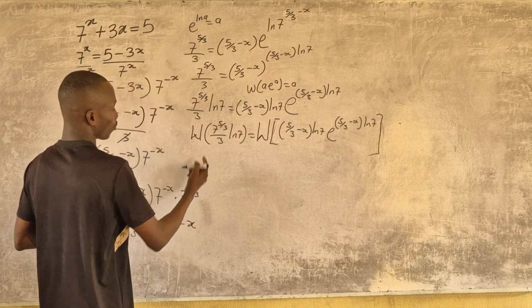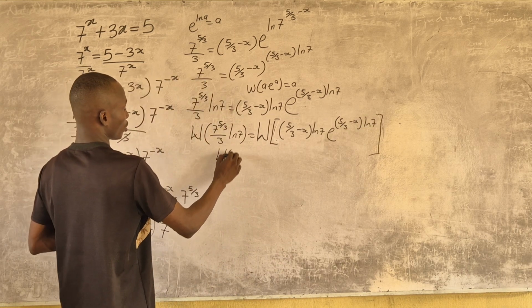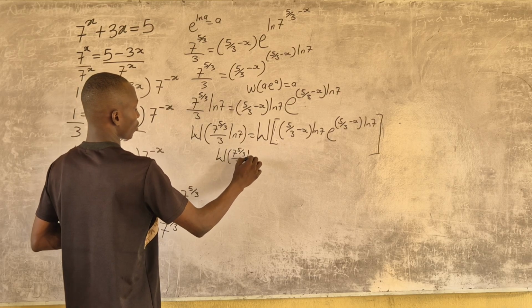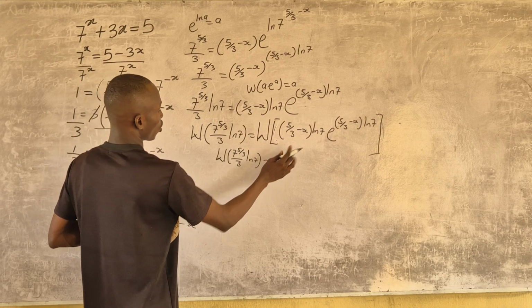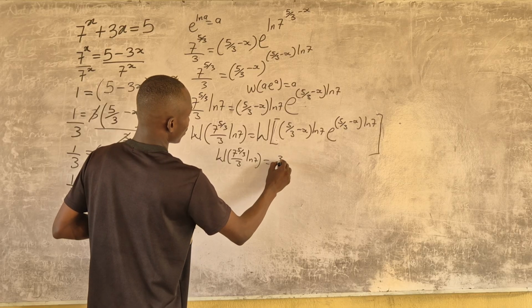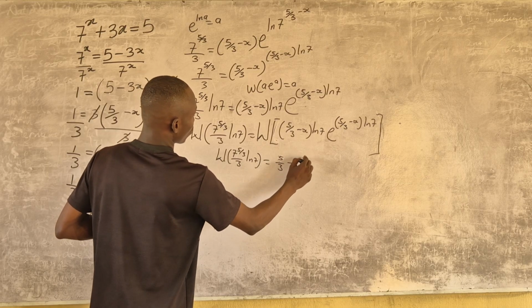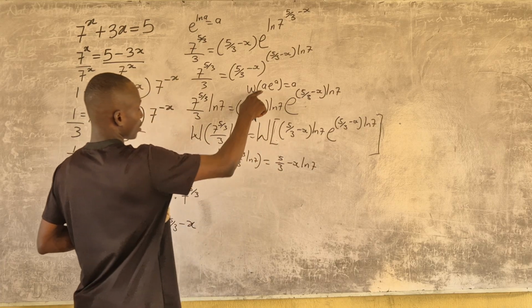Wow. So from here, I know that the Lambert W function of 7 to the power of 5 over 3 times ln 7 equals, all this will just give us 5 divided by 3 minus x times ln 7, by obeying these properties.